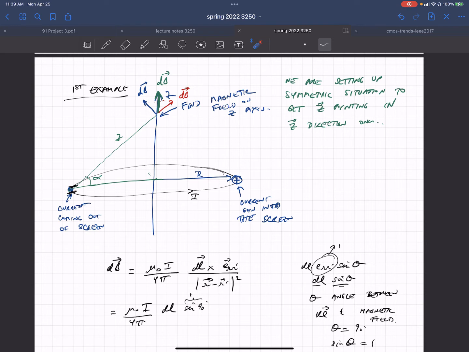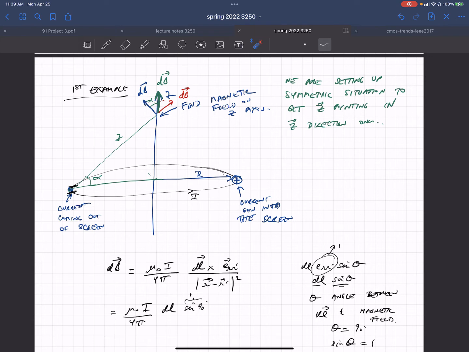Now we've got to figure out also, this is also alpha. Remember, I'm coming up with this by saying that the angle between two lines is the same as the angle between two lines that are perpendicular to these two lines.